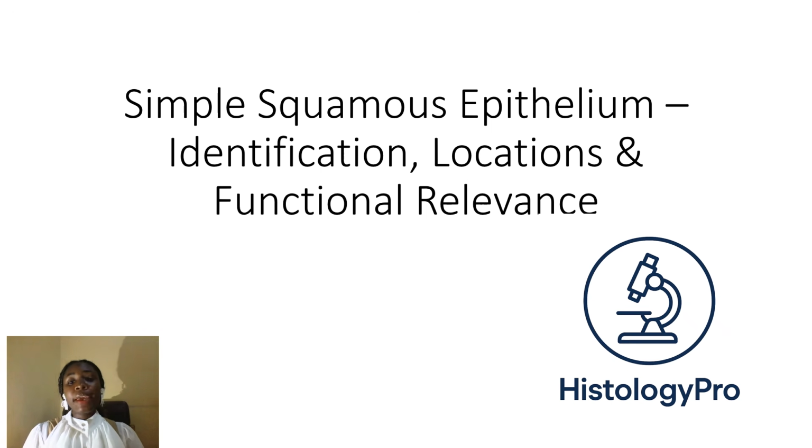In today's lecture, we'll examine one of the most delicate and essential epithelial tissues, known as simple squamous epithelium. This lecture will be on identifying simple squamous epithelium, its location, and functional relevance.